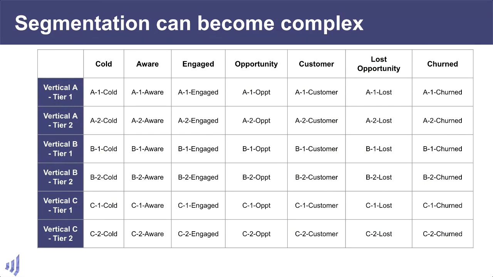And then you can become super sophisticated with this. So you could mix vertical and tier, and so you create a vertical A, tier one, vertical A, tier two, and so on and so forth. Don't do this at the beginning, obviously. This comes later as you start seeing traction and results.